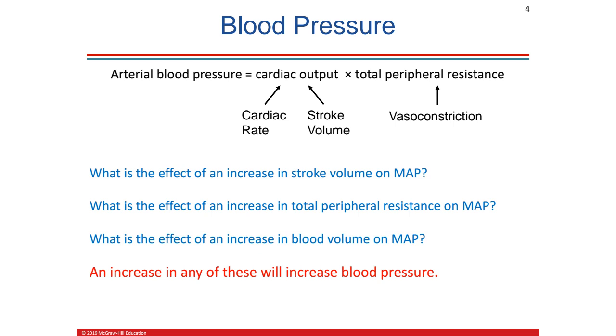And according to the Frank-Starling law of the heart, an increased stretch of the atria and the ventricles would lead to increased contractility. And so the stroke volume would therefore be increased due to the increase in end diastolic volume. So that would increase cardiac output, and that would lead to an increased mean arterial pressure.